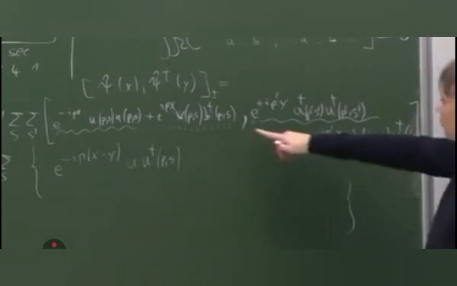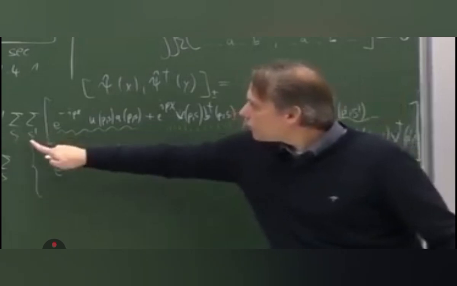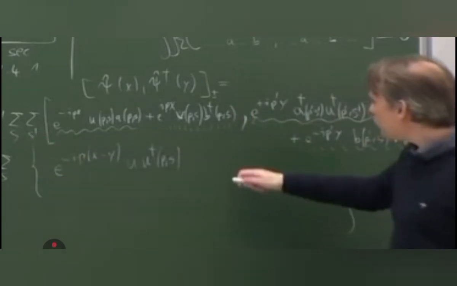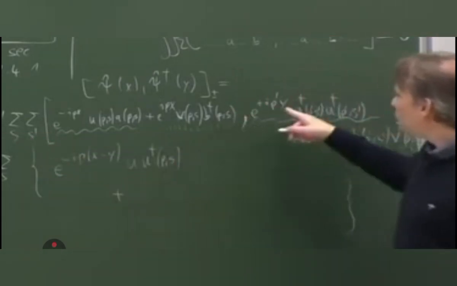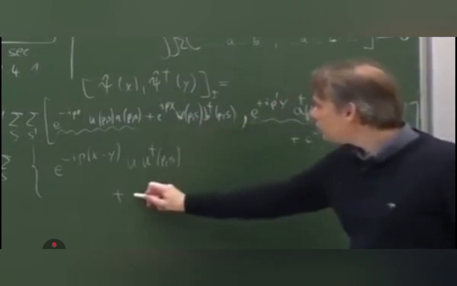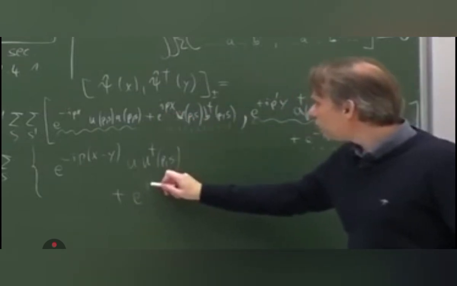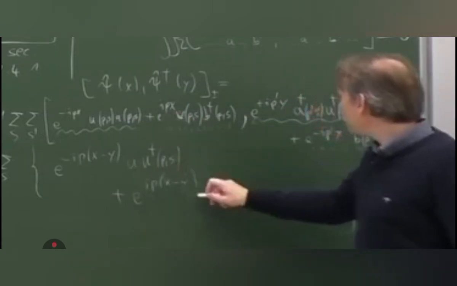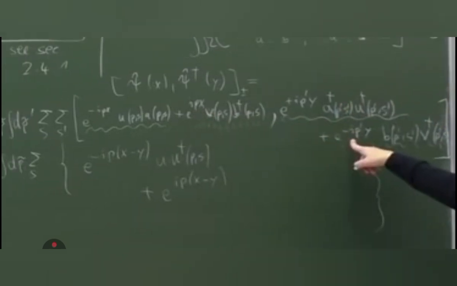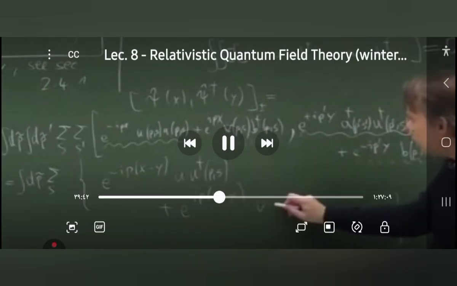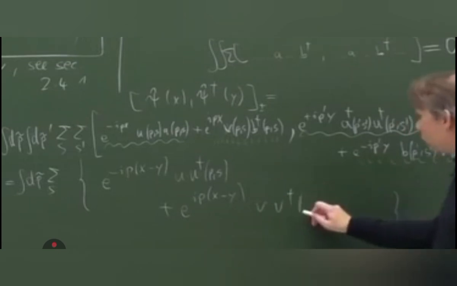So again, one integral is cancelled and the sum over s prime is cancelled. Afterwards, p and p prime are equal. So we get the exponential function e to the I p x minus y from here and here. And then we have v dagger with the argument p and s. That's it.